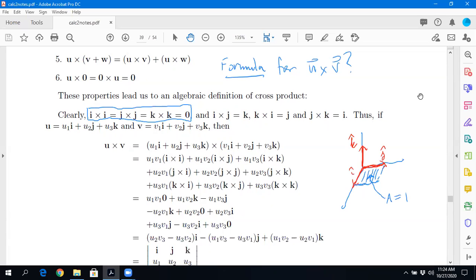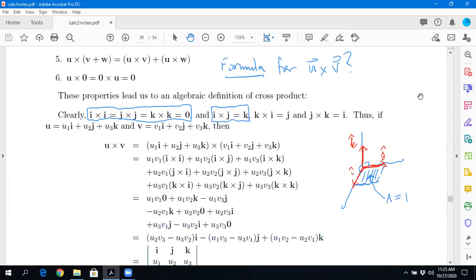Up. Therefore, I need a vector that is perpendicular to both I and J, which, by the way, something right on the z-axis would be. Positive z-axis, pointing straight up, and it needs to have length equal to the area of that parallelogram. Well, what is the area of that parallelogram? 1. Therefore, what vector am I talking about here? K. I cross J is K.